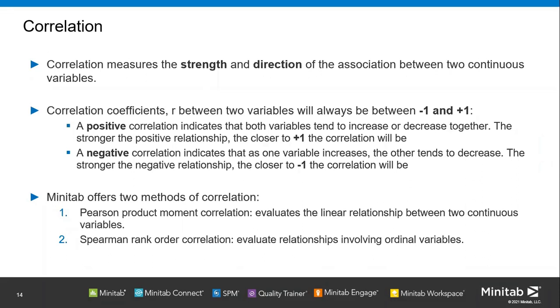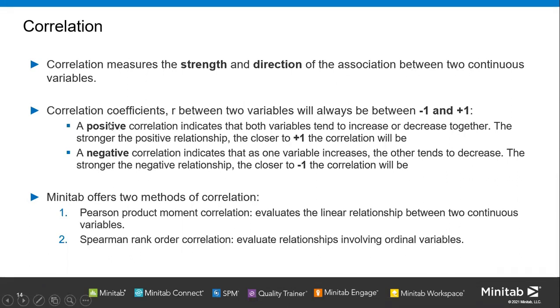So if you don't want to do regression or modeling, it is okay to do the correlation, because correlation measures the strength and direction of the association between two continuous variables. If your variable is an attribute, you cannot do the correlation here, because it is just for continuous variables. Continuous means a measurement, numerical, like weight, height, or a number with a decimal point. So we consider that to be a continuous variable.